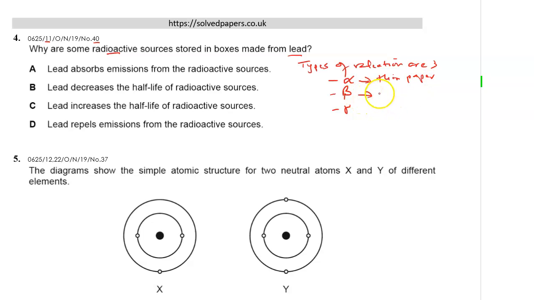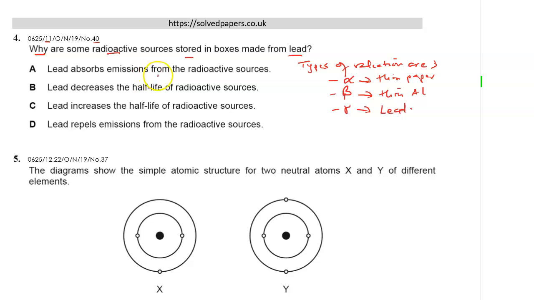Beta is stopped by thin aluminium foil, and gamma is stopped by thick lead or thick concrete. And therefore, why do we store sources in boxes made of lead? Because radioactive sources produce these three types of radiation, and they will always be producing those radiations. Let's see which option gives a good explanation.